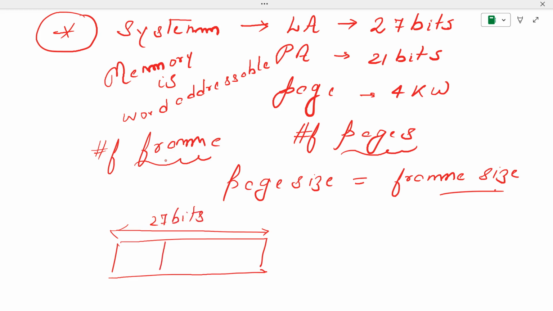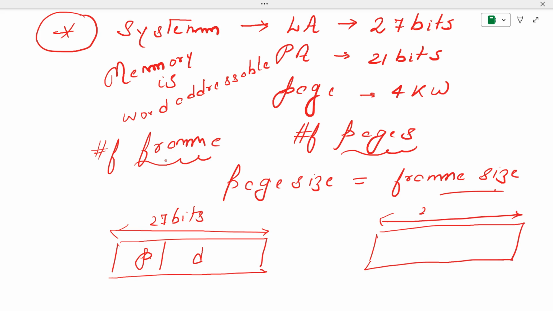In that LA, some bits are allocated to the page number and the rest is the page offset. Similarly, the PA is 21 bits, and in that some bits are allocated to represent the frame number and the rest is the page offset. So this is the same.